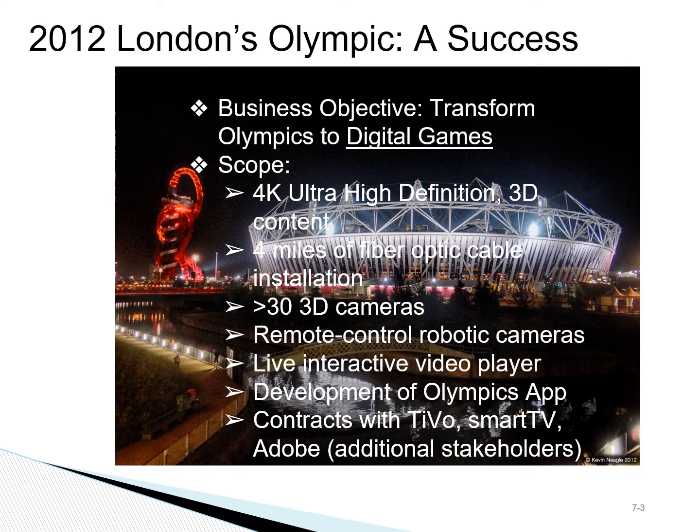They also had to contract with a number of audiovisual companies to work together in delivery of all these services, the digital services that they had planned. As a good example and as a success story, of course, all of that came together and they had a wonderful 2012 Olympics.